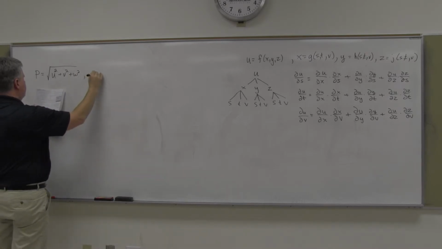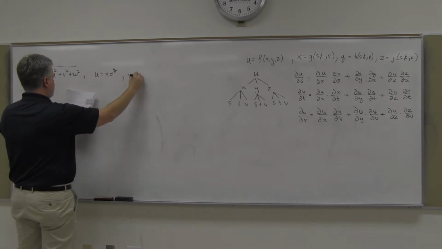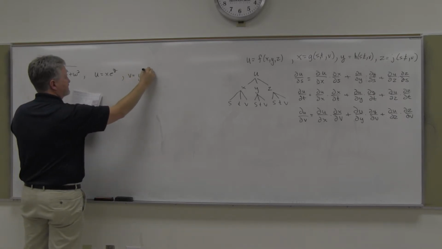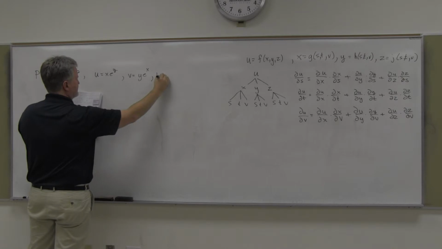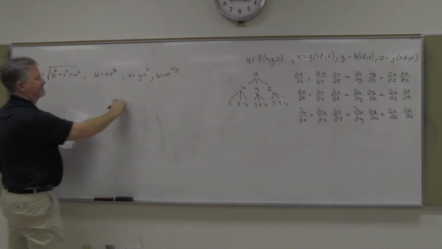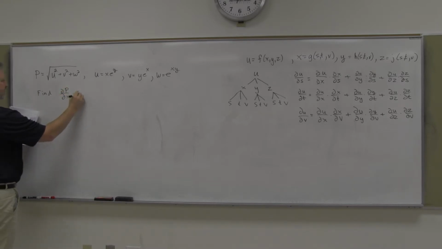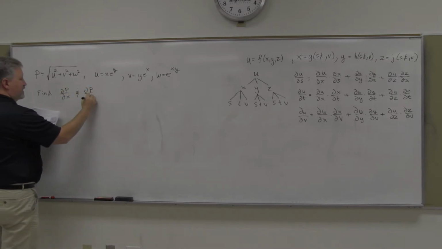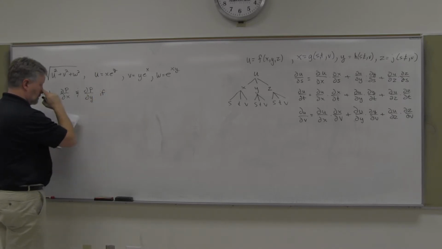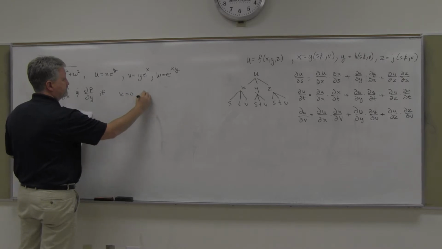And then u equals x e to the y, v equals y e to the x, and w equals e to the xy. So let's find the partial of p with respect to x and the partial of p with respect to y if x is 0, y is 2.